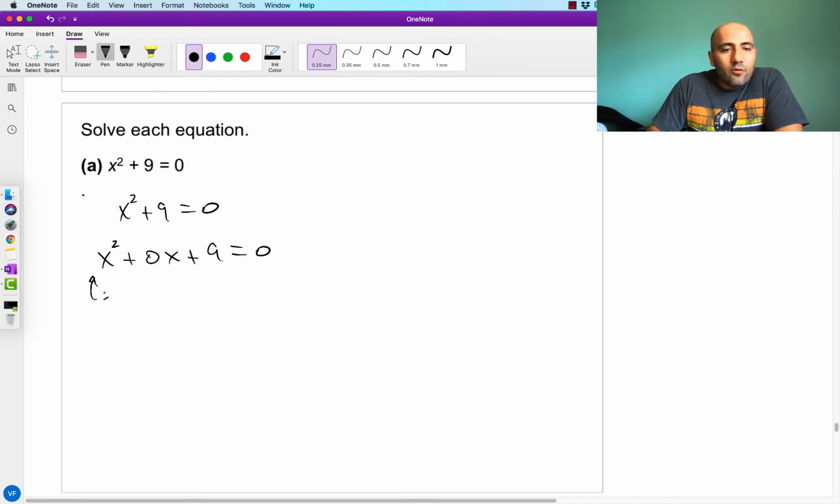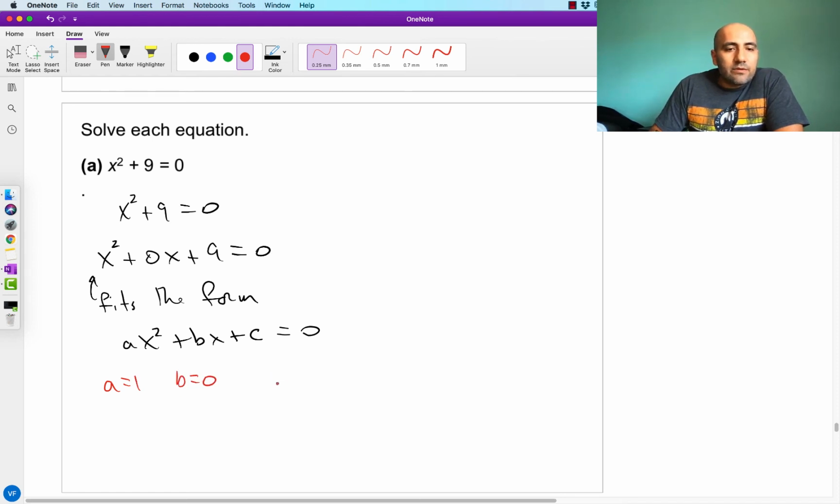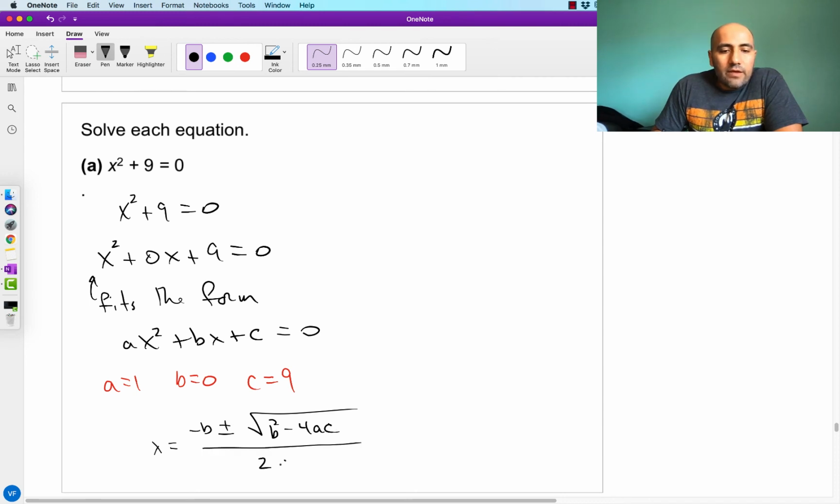So this fits the form of ax squared plus bx plus c equals 0, where the role of a is being played by a 1, the role of b is being played by a 0, and the role of c is being played by a 9. And so now we can go over to our quadratic formula and say that x equals negative b plus or minus the square root of b squared minus 4ac all over 2a.